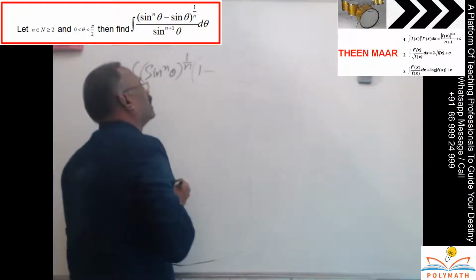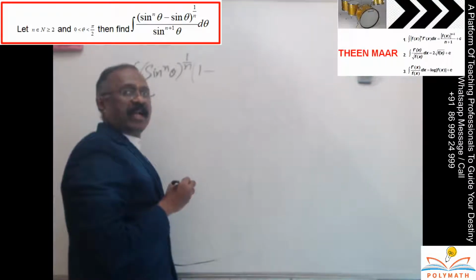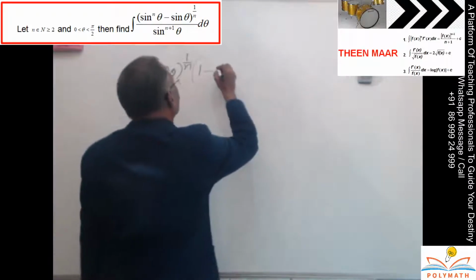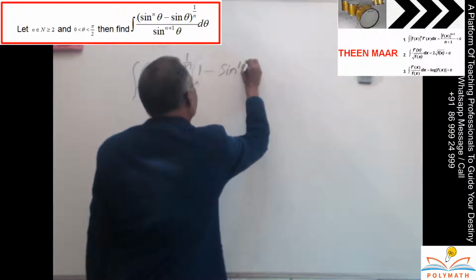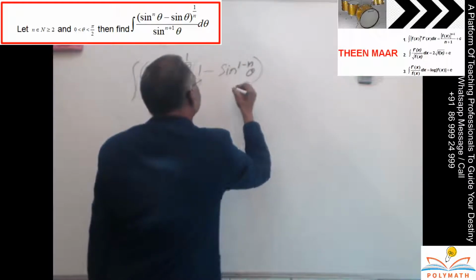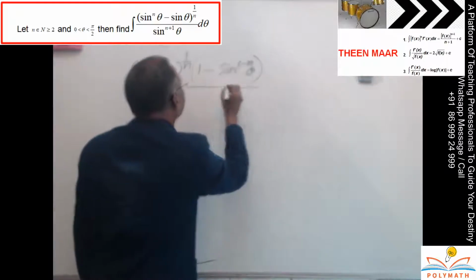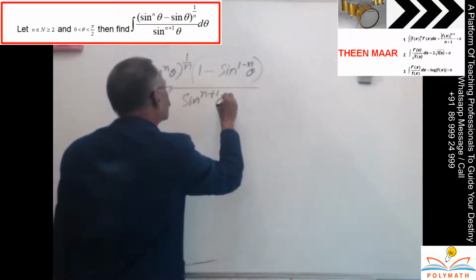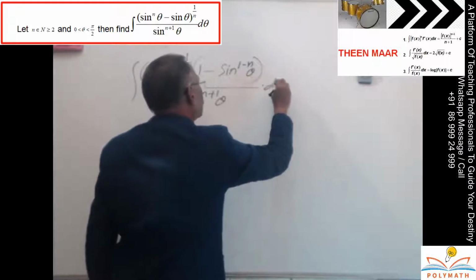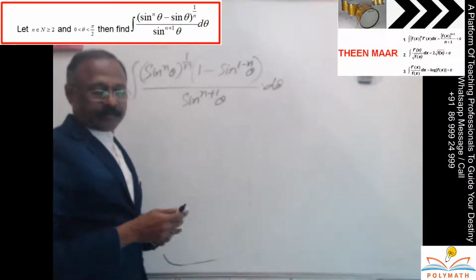The second term is sine theta, sine theta divided by sine nth theta, which becomes sine of 1 minus nth theta divided by sine n plus 1th theta. Check it out, please, what I wrote.